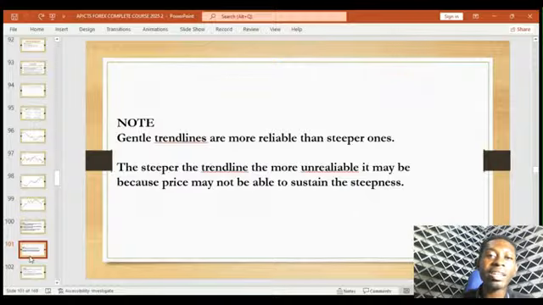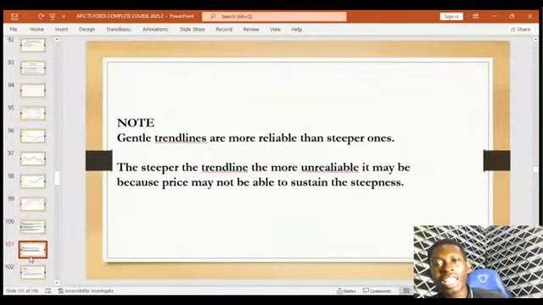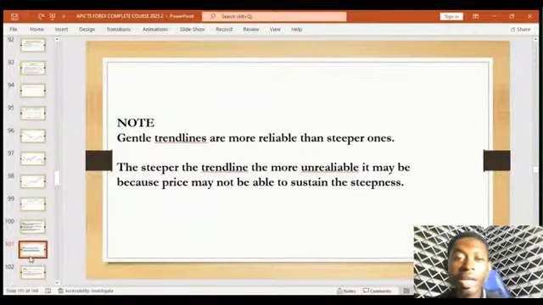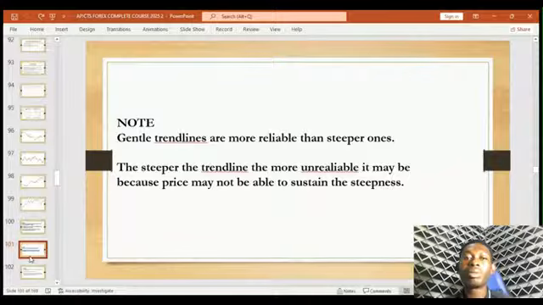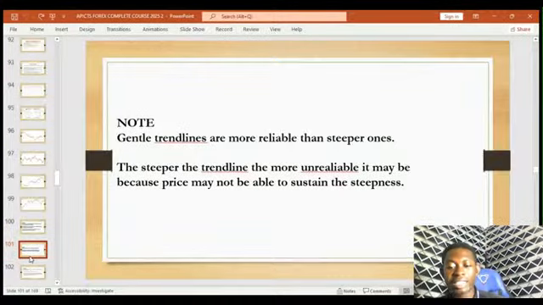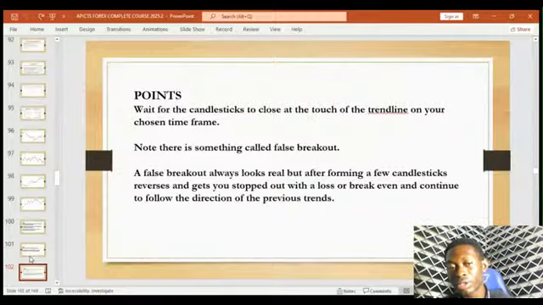The steeper the trend line, the more unreliable it may be, because price may not be able to sustain the steepness.